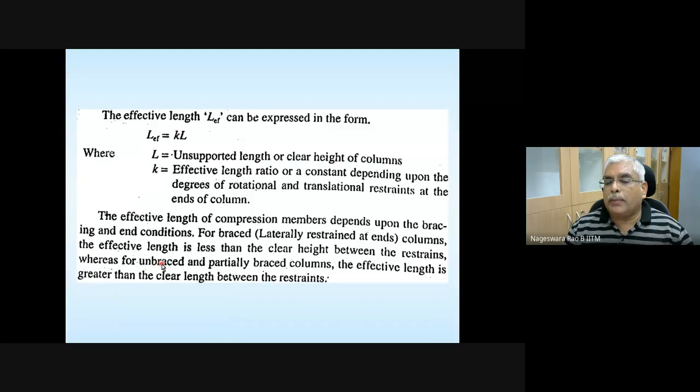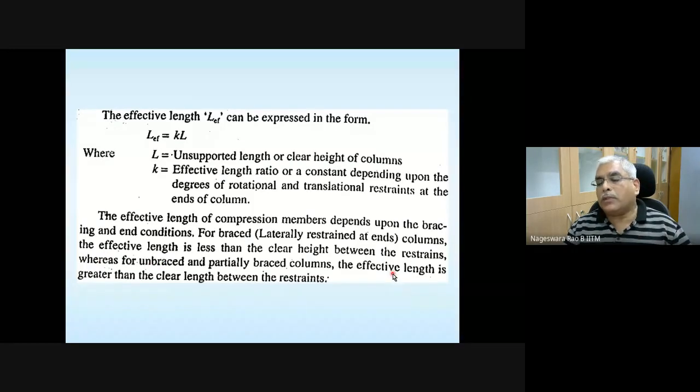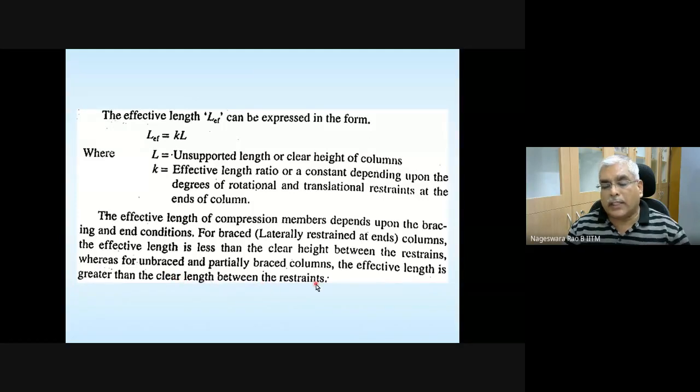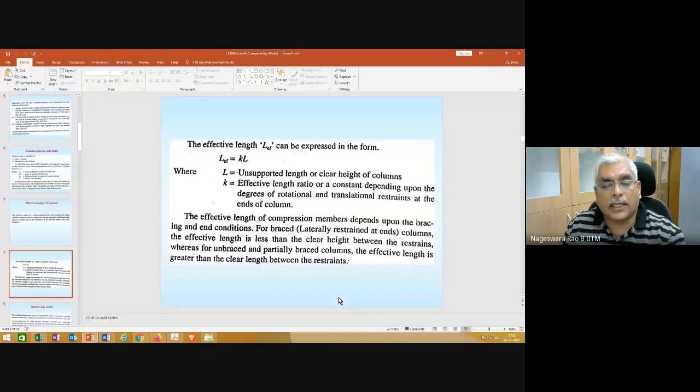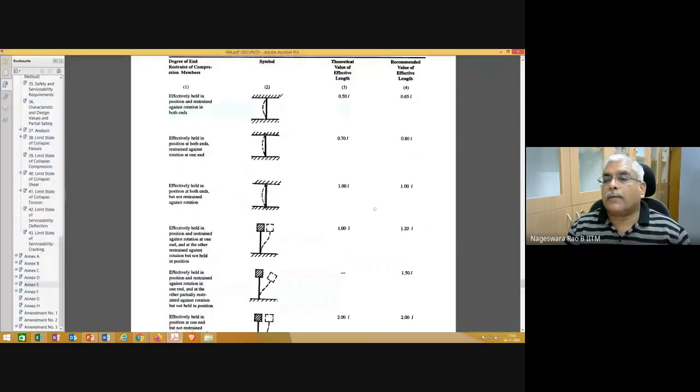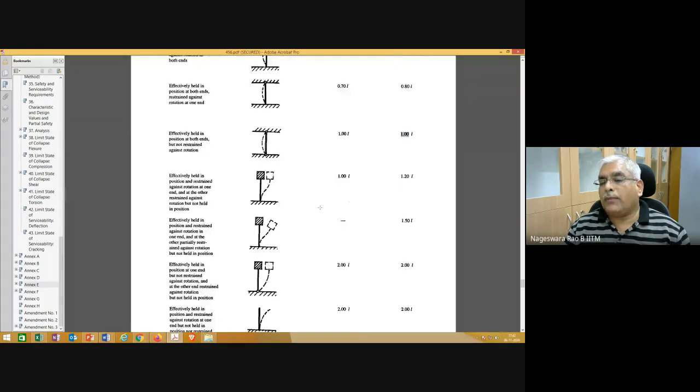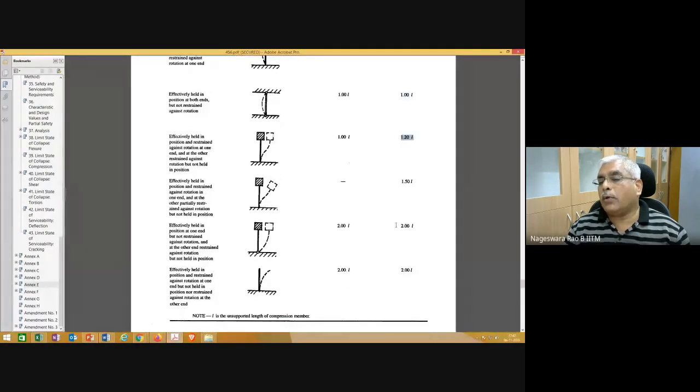For unbraced or partially braced columns, the effective length is going to be greater than the clear distance between the restraints. So you can see here this coefficient is less than 1, or at most equal to 1, for no sway columns, and for sway columns this is more than 1.